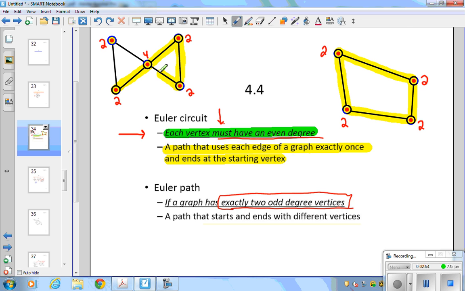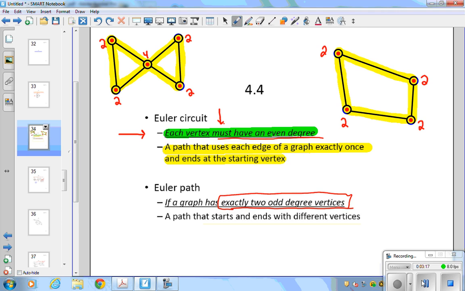Now notice that I'm going back to the same vertex right here. That's okay. You can go back to the same vertex as long as you do not come back to each edge more than once. And as you can see, I just created it and it is a Euler circuit. I was able to start and finish at my starting vertex.